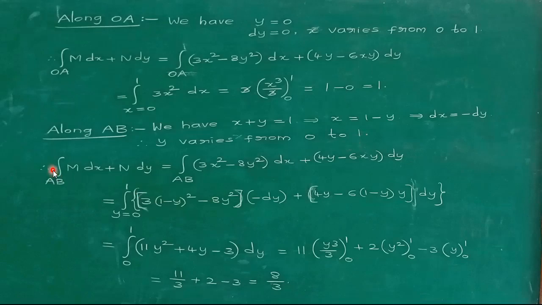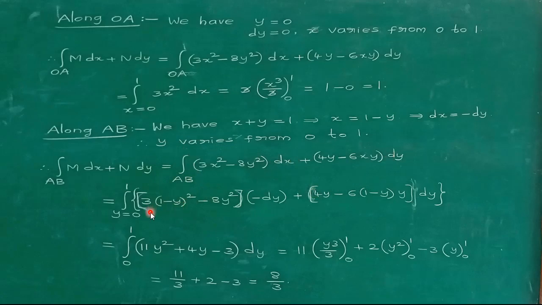Now what do you want? Integral AB of M dx plus N dy is equal to integral AB, M value is 3x squared minus 8y squared into dx plus N, means 4y minus 6xy into dy, right? Now substitute x is equal to 1 minus y, dx is equal to minus dy in this integral.